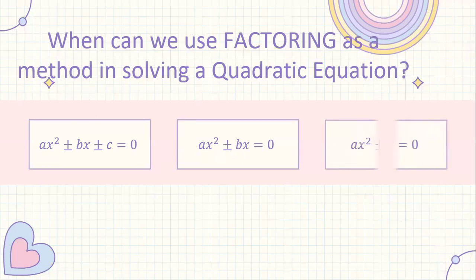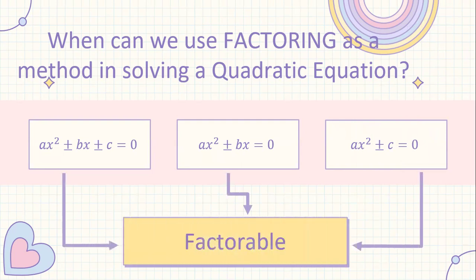Or if we have this form, ax squared plus or minus c is equal to 0. So here, we have no bx, or the second term. Having these three forms, those are factorable. So we can factor them out.